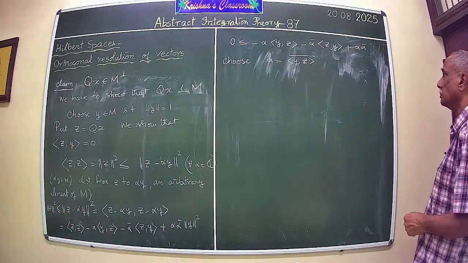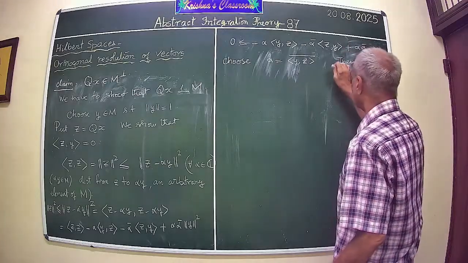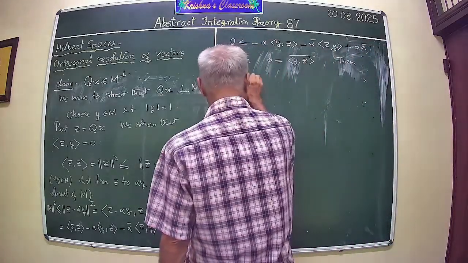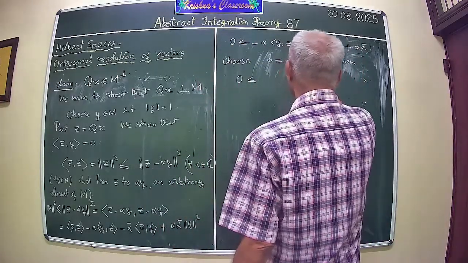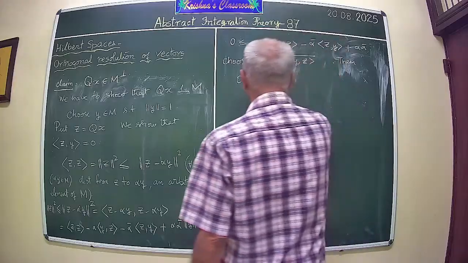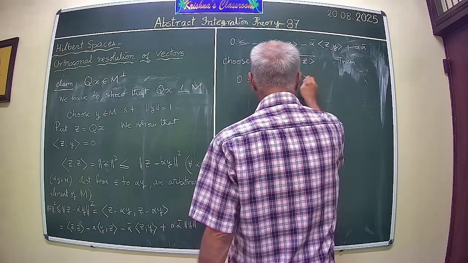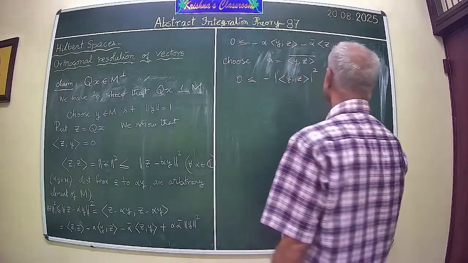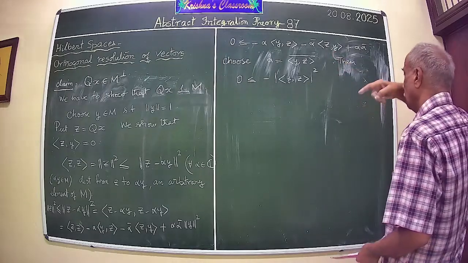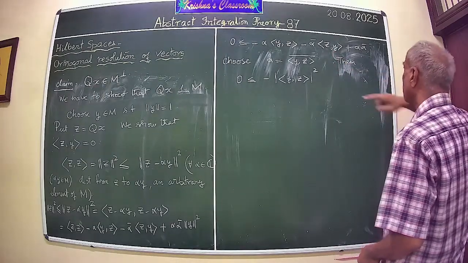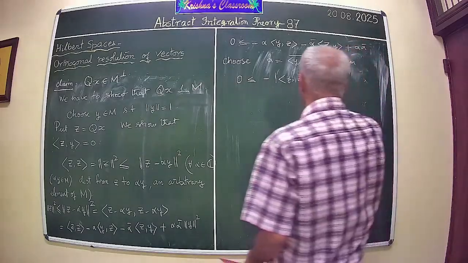Okay. Therefore, the above inequality becomes 0 is less than or equal to C mod whole square, and this is again mod z minus y whole square, and they cancel out, and this is equal to this.